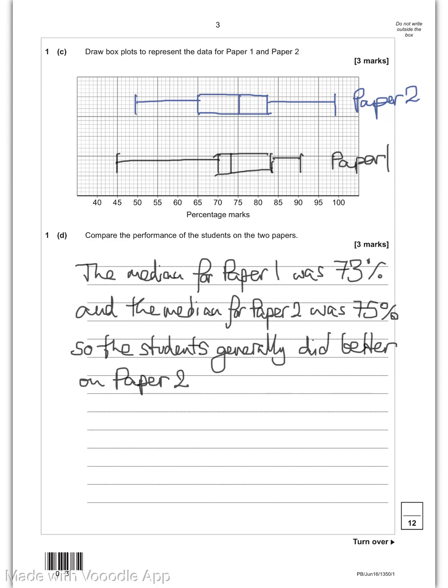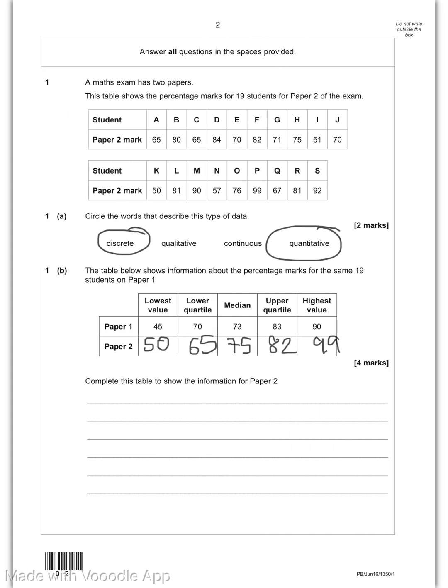Alright, our second comment should be about the spread, and as we've got the quartiles, it would be smart to use the interquartile range. The interquartile range is the difference between the upper and lower quartiles, and I'm running out of space over here, so I'm going to work that out on the other page.